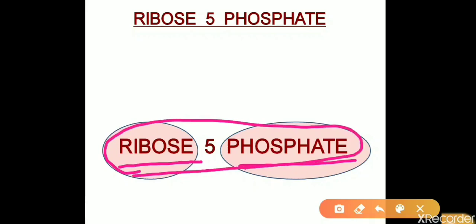So we have a pentose sugar, one structural component of a nucleotide, and a phosphate group, another structural component. To produce a nucleotide, we need just a nitrogenous base.